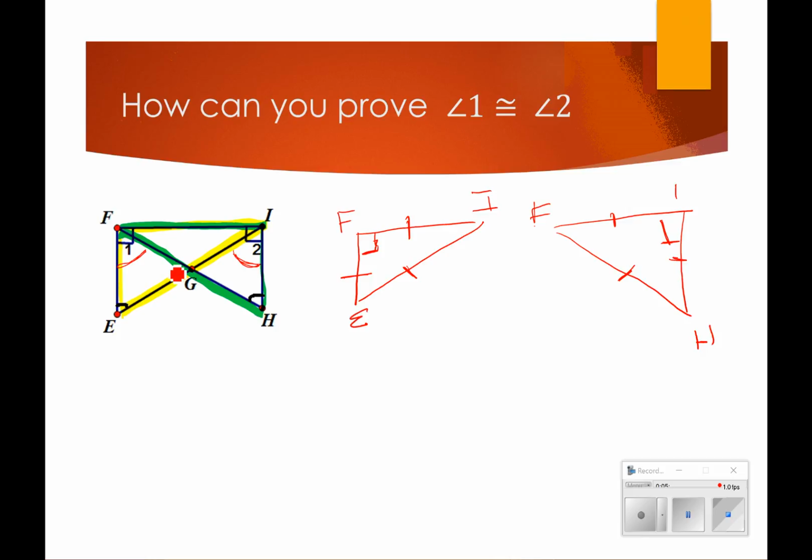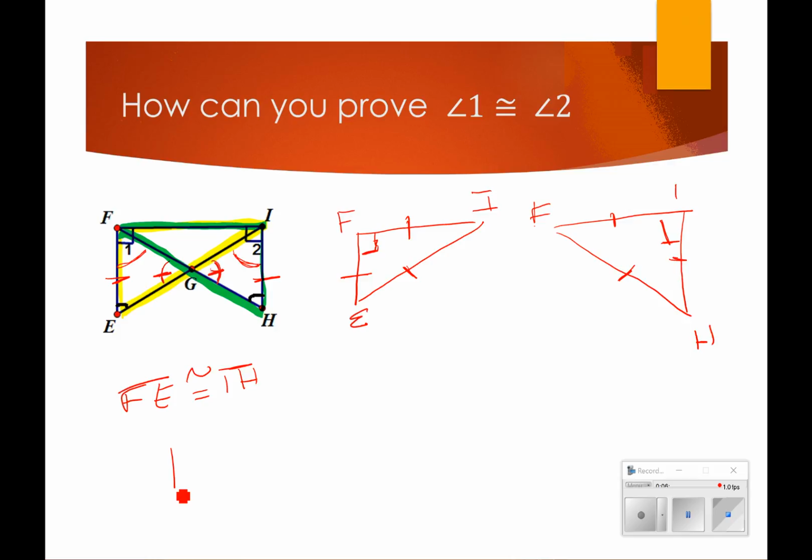Actually what we can do, I just totally screwed this up, which is fine, because remember I told you it's kind of like a rough draft. We can actually say that these two angles are congruent here, and then I've got FE congruent to IH here and here.